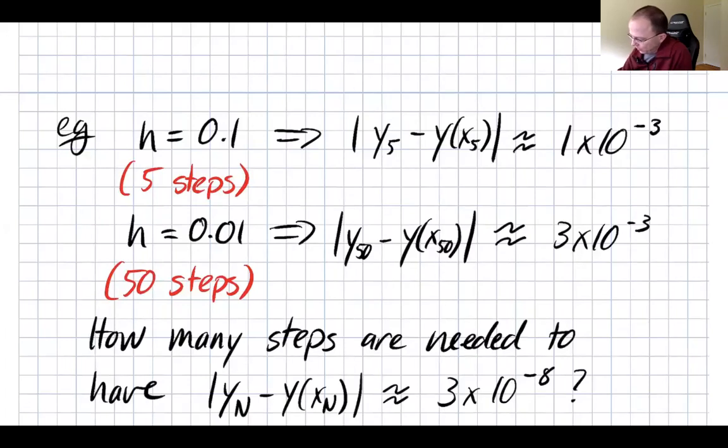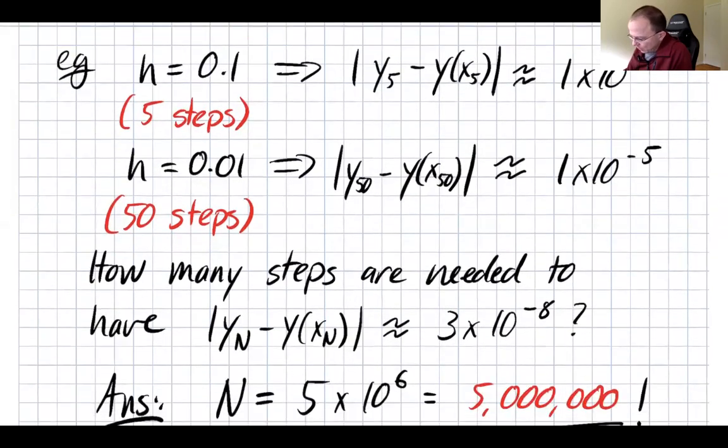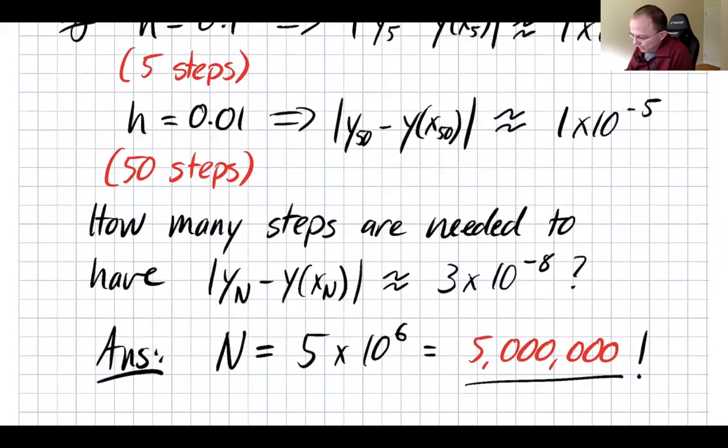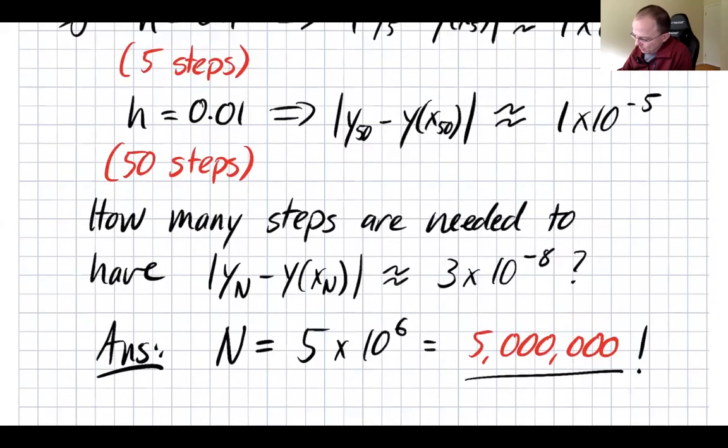Okay, so now what if we were to divide h by 10? Well, now the error is going to improve by 100. So now instead of that, we're going to get 10 to the -5, right? So how many more steps are needed to get 1 times 10 to the -8?